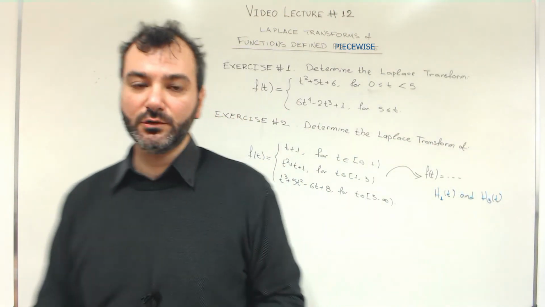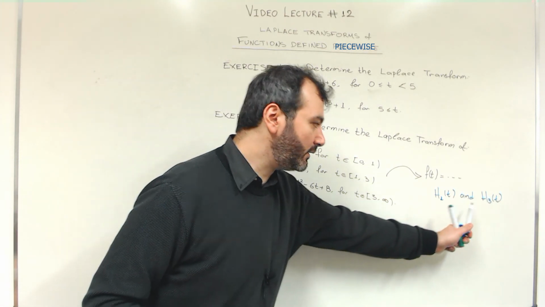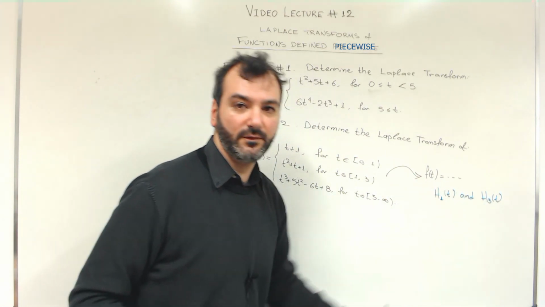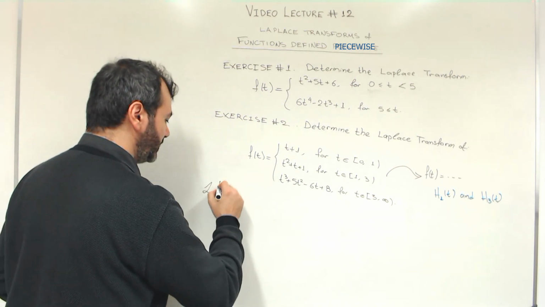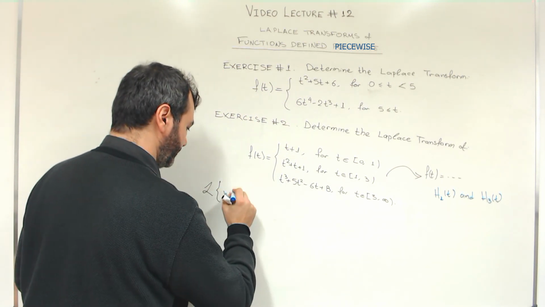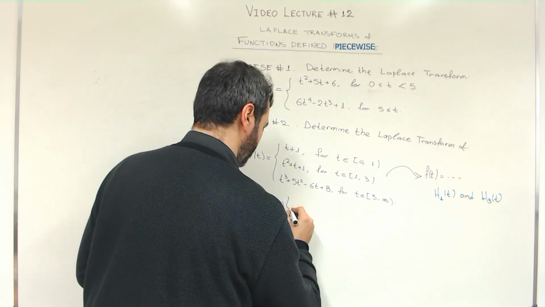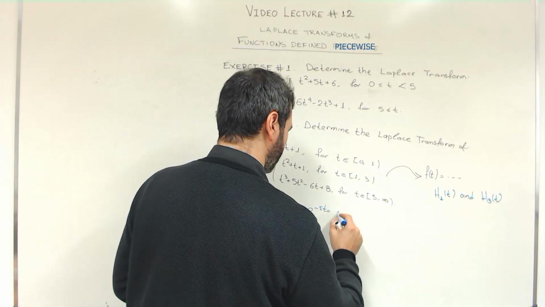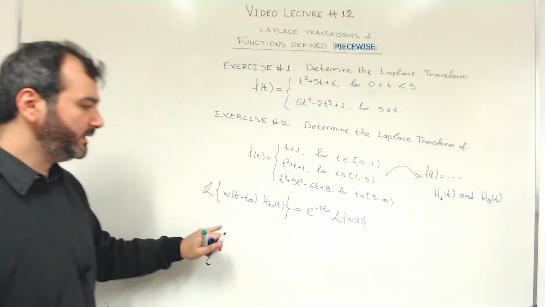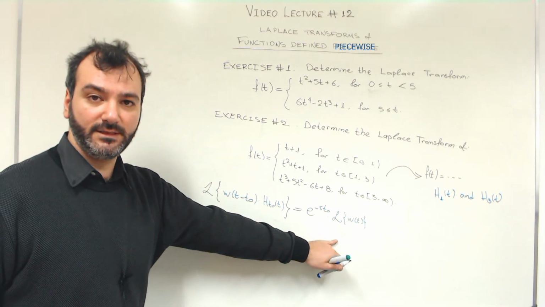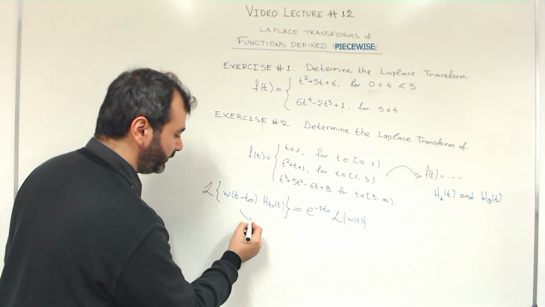Perhaps try to do a little sketch to figure out how to write f in terms of h1 and h3. For both these exercises, use this theorem. We didn't give a proof of this theorem, but you can find the proof in the lecture notes.